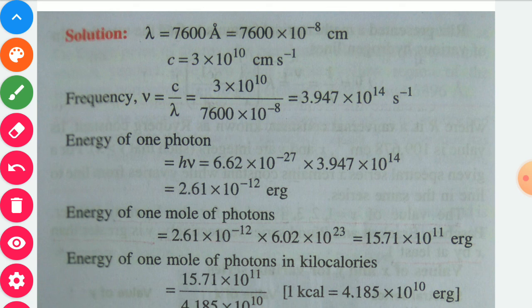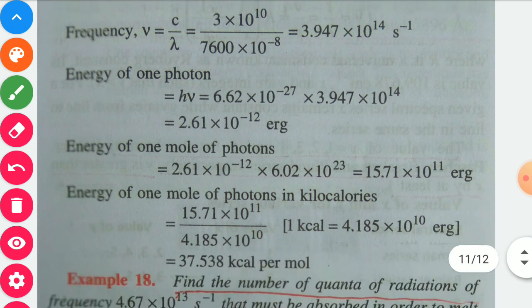So energy of one photon, h nu, on solving is 2.61 into 10 power minus 12 erg. But for the energy of one mole of photons, we have to multiply by 6.02 into 10 power 23, so that will be 15.71 into 10 power 11 erg.